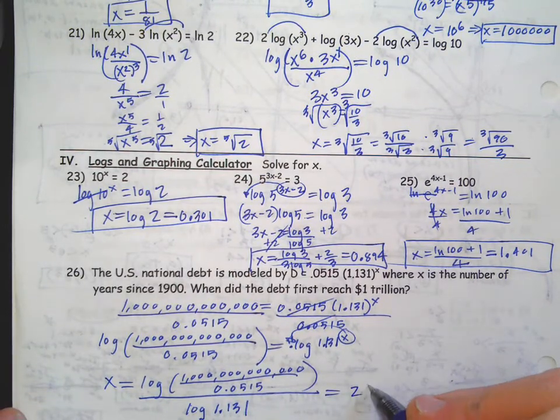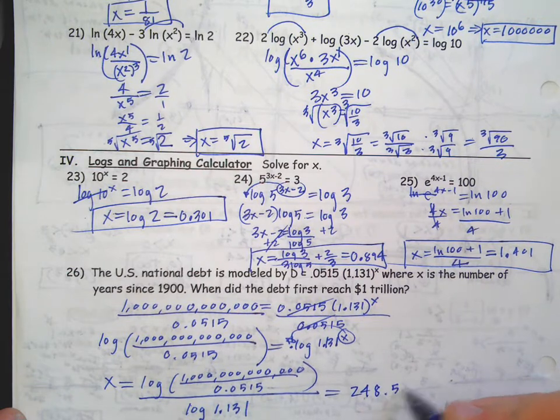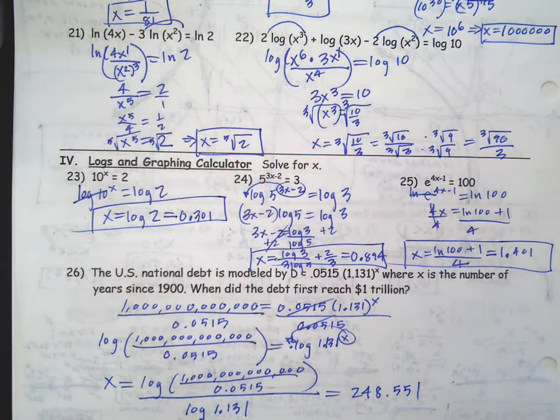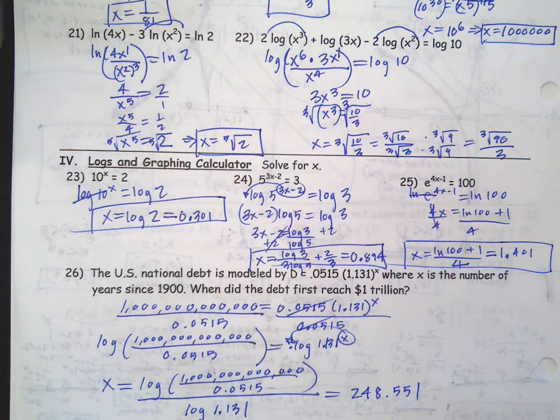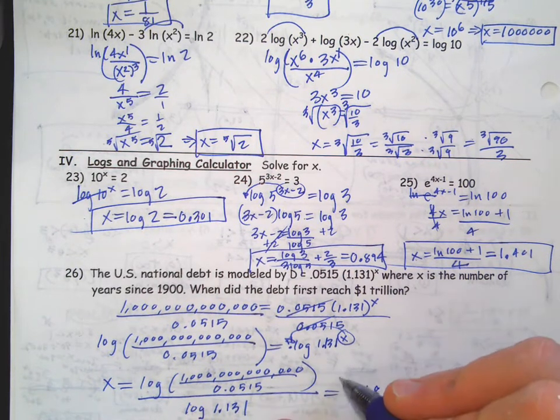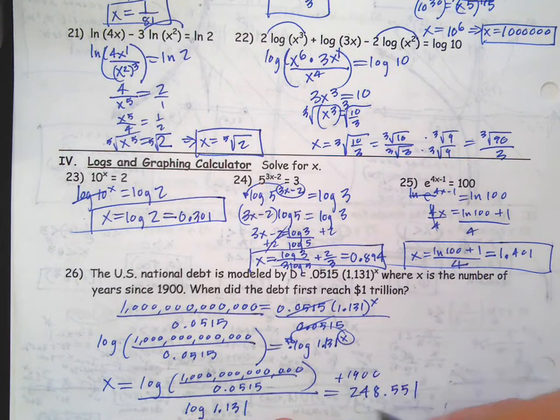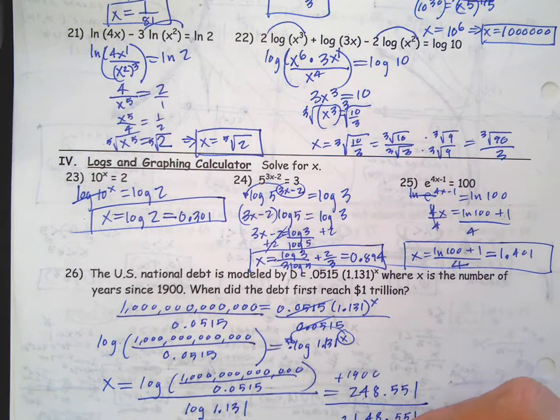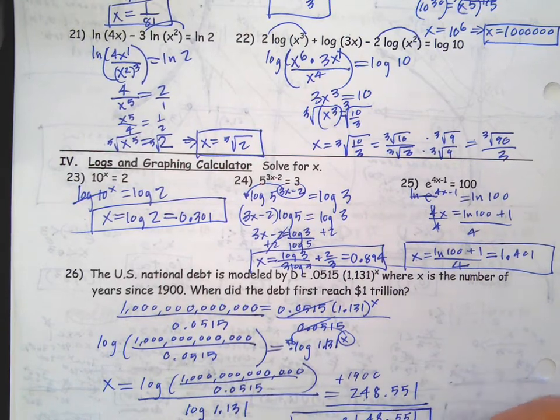Now we get 248.551, but that's the number of years since 1900. So we should add 1900 to this and say in year 2148.